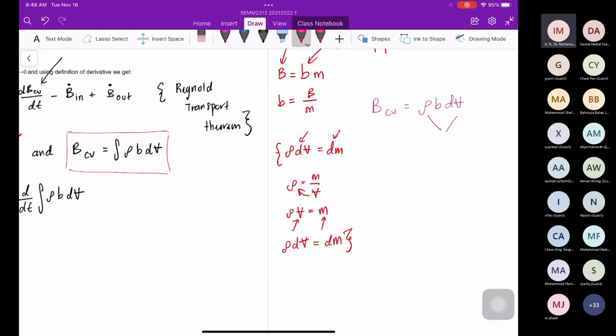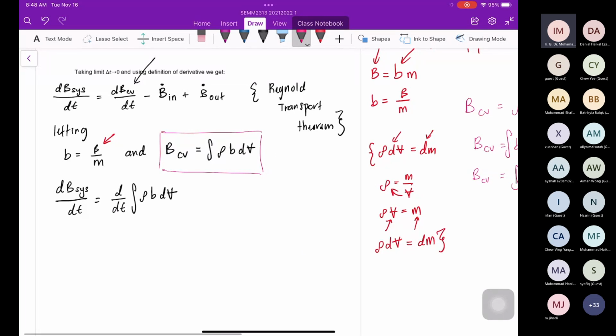This one refers to dm, and capital B equals small b multiplied with mass. To remove the d, we must integrate. So B of control volume is the integration of b dm, which is rho b dV. So that is why it is equivalent.